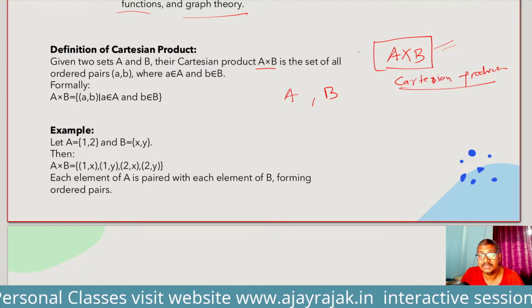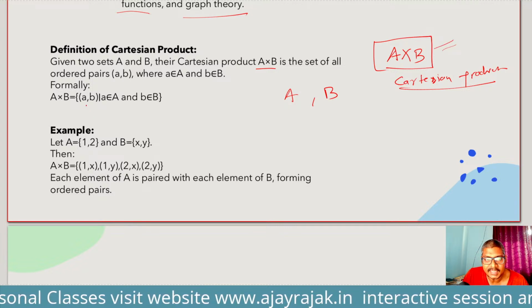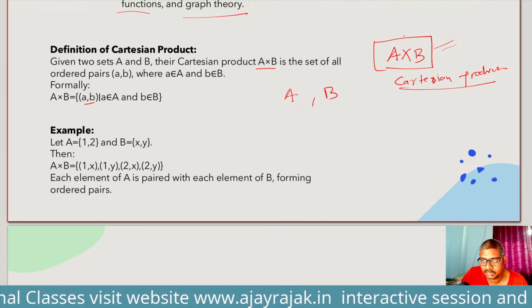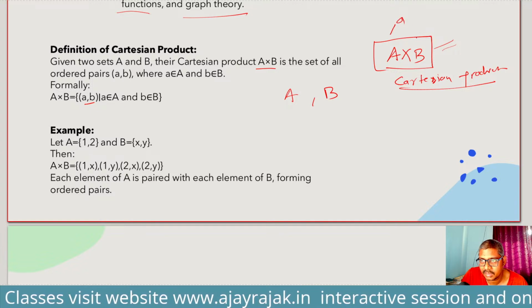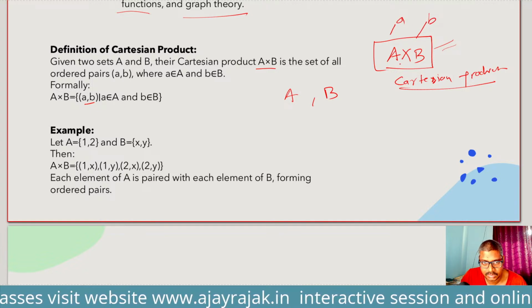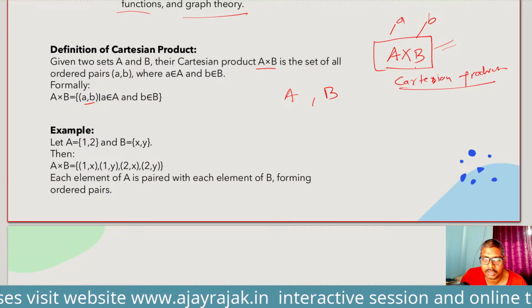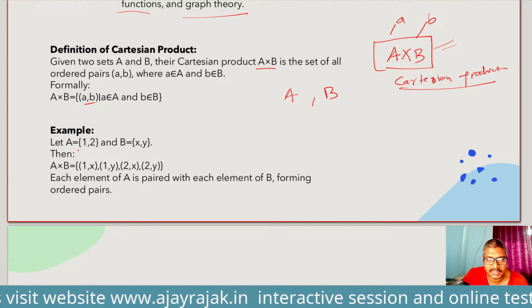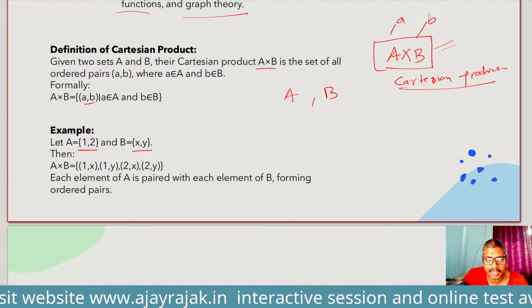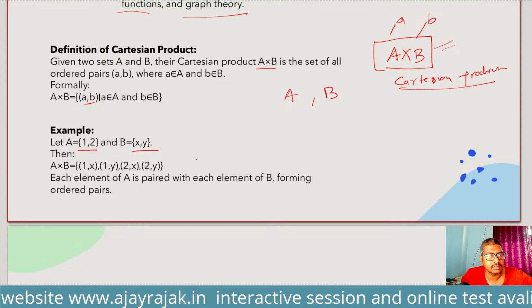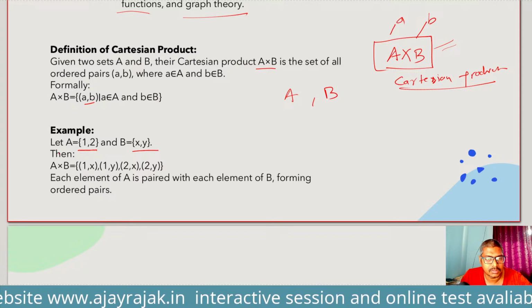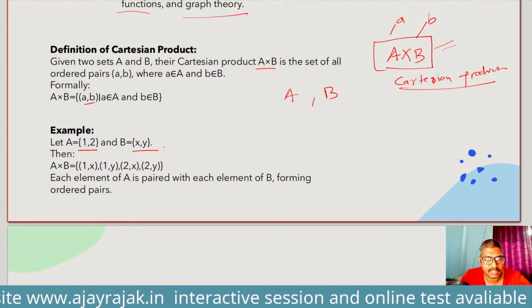But how does this proceed? It says that elements will be in order: one element from A will come, one element from B will come, where a belongs to A and b belongs to B. For example, A is {1, 2} and B is {x, y}.